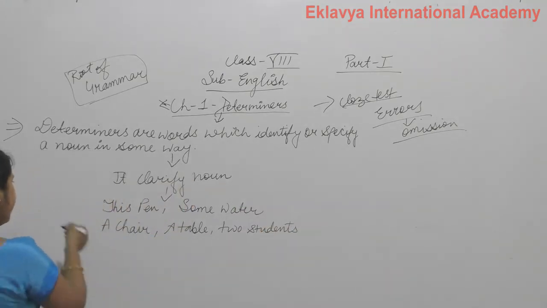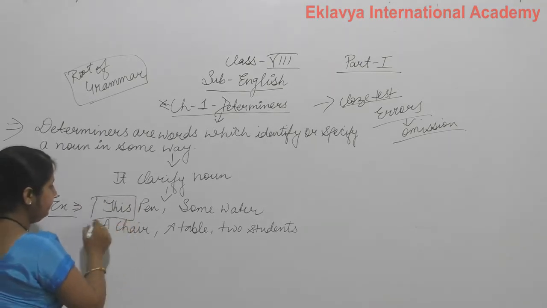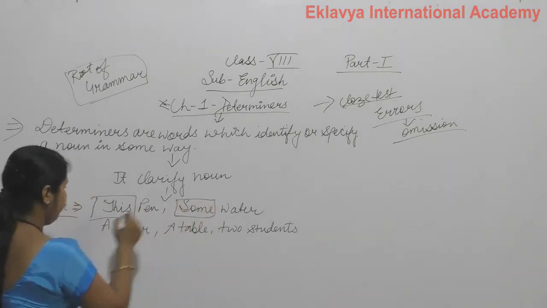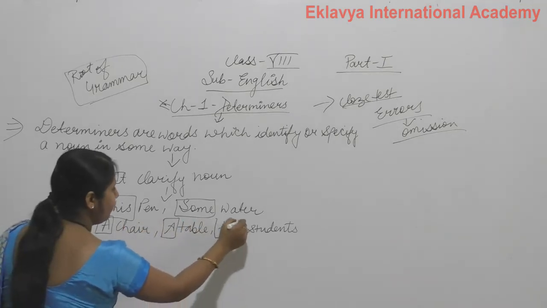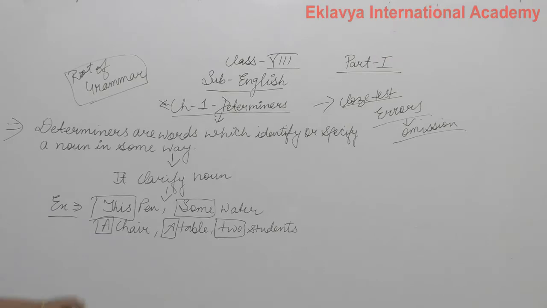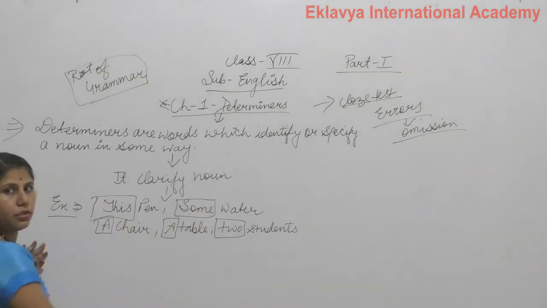These are some examples of how we identify determiners. See this, some, a, two. What are these? These all are determiners.